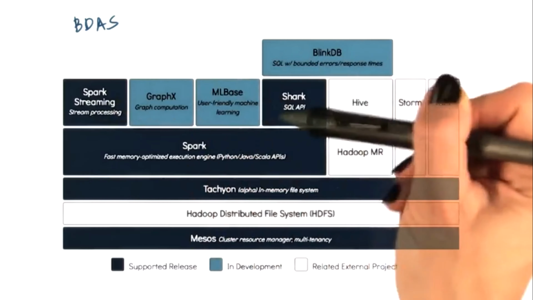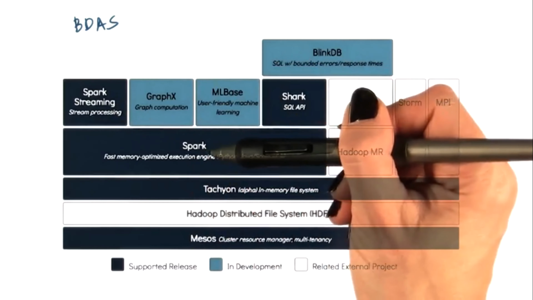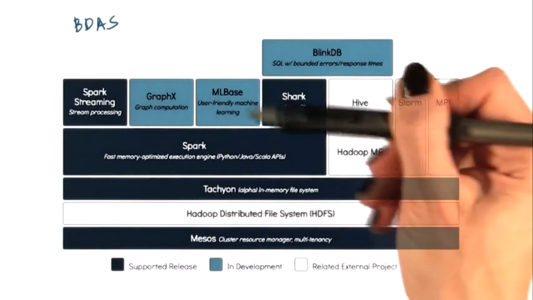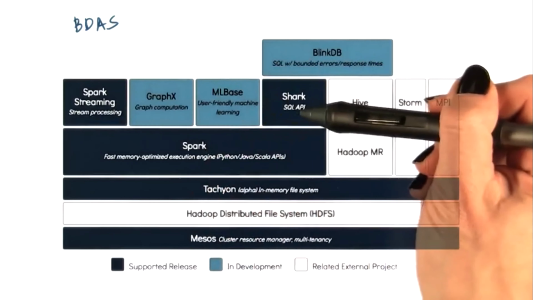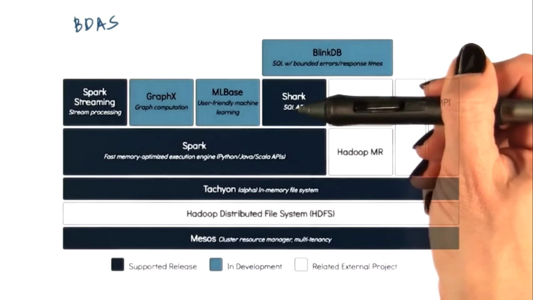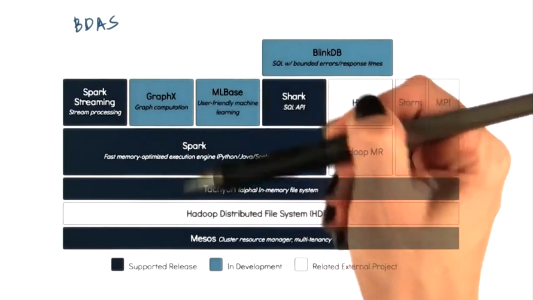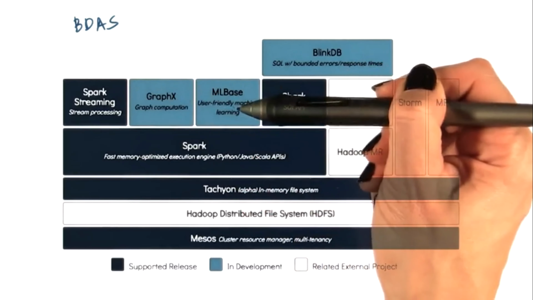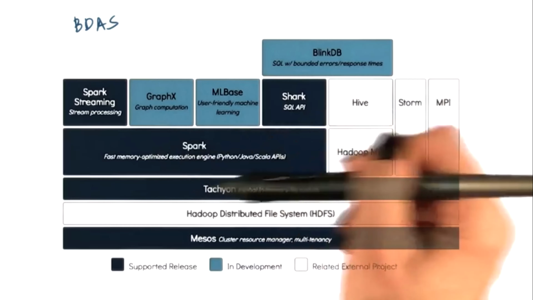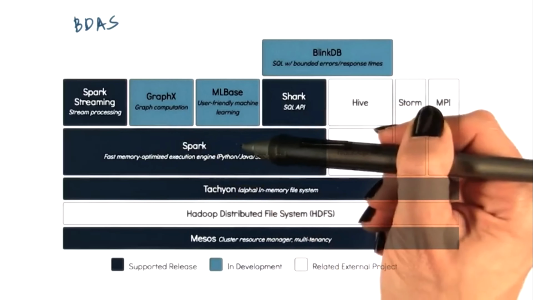There are a number of front ends for Spark in terms of the kinds of execution models that are supported, whether it's SQL-like queries, stream processing, graph processing, or machine learning operations that should be executed on top of this processing framework.